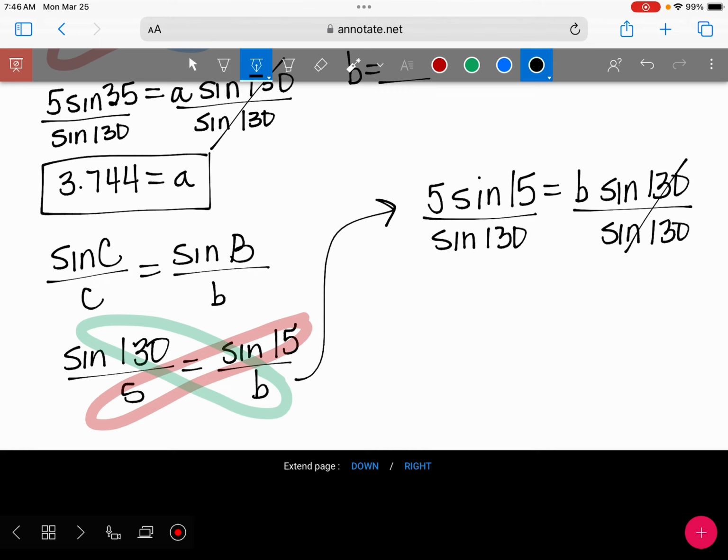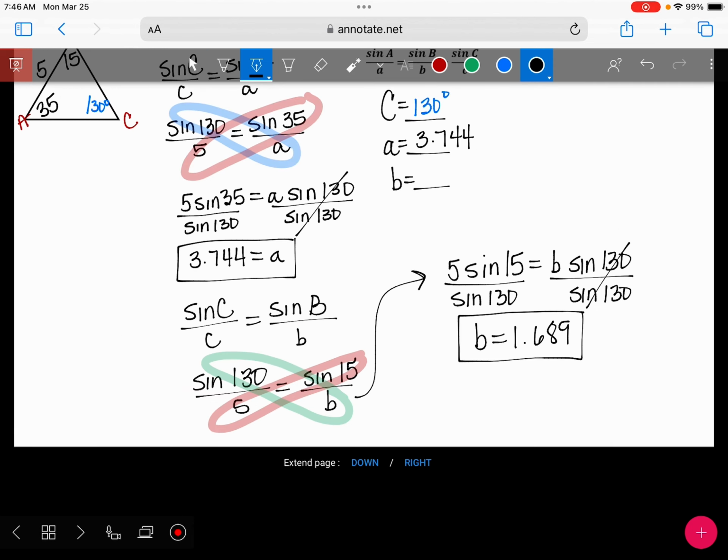And I got 1.689. And you have solved the triangle.